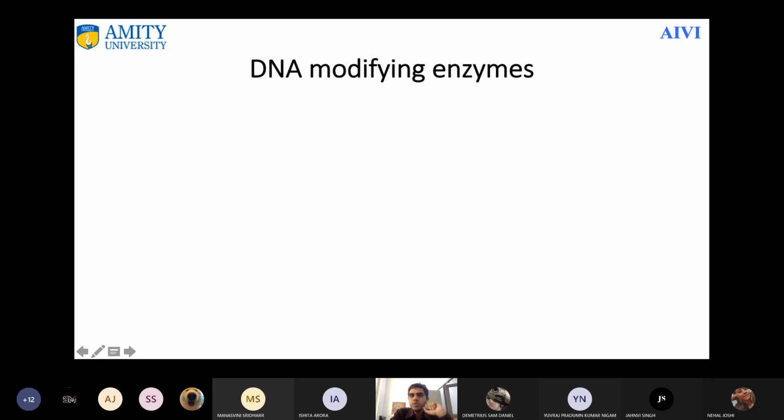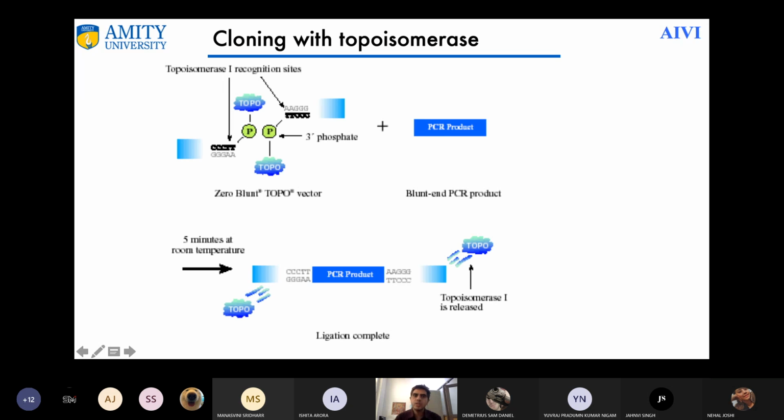Okay, so topoisomerase cloning you want to know. We will study topoisomerase cloning in detail later also. But in topoisomerase cloning, what is going to occur? The ends of your vector are linked with a topoisomerase enzyme.